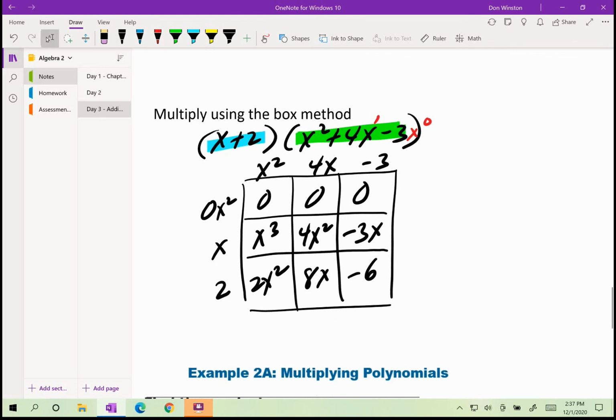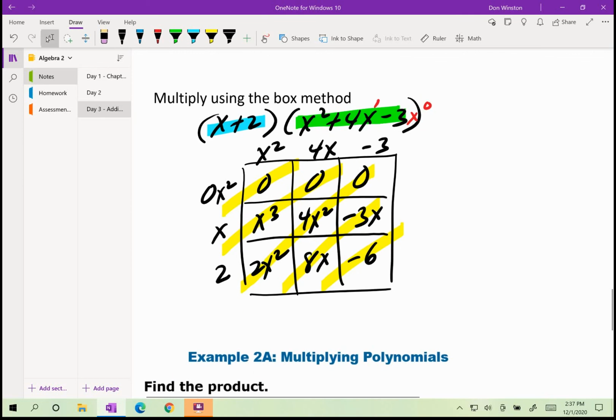The way you read this, you read things on the diagonal. You add along the diagonals. So as I add along the diagonals, that will give me x cubed plus 6x squared plus 5x minus 6.